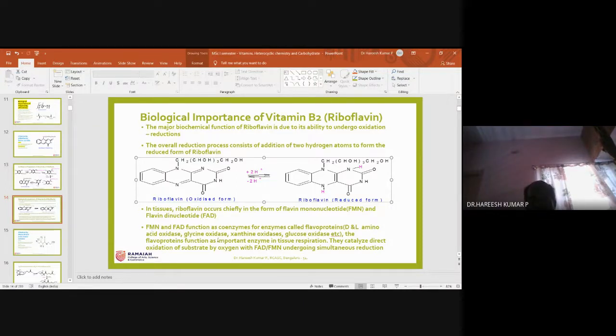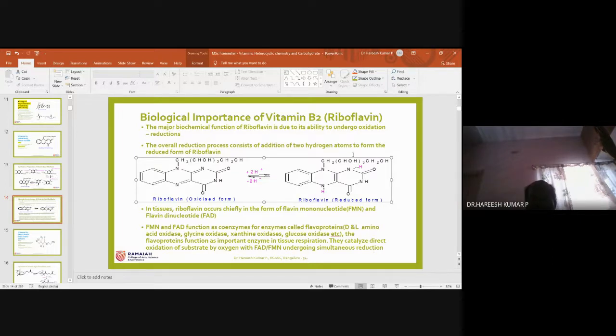Glycine oxidase, xanthine oxidase and glucose oxidase are other flavoproteins. The flavoproteins function as important enzymes in tissue respiration. They catalyze the direct oxidation of substrate by oxygen with the FAD-FMN undergoing simultaneous oxidation reduction.